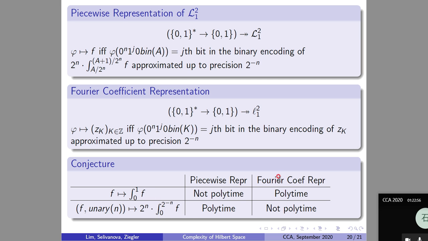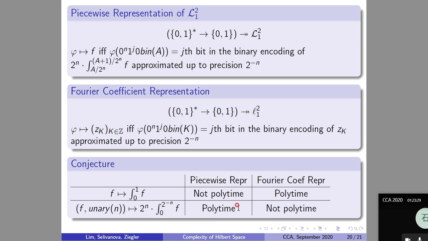Anyway, this table describes the polynomial time computability or non-polynomial time computability of these two functionals under these two representations. This functional is not polynomial time computable under this representation, but is polynomial time computable under this representation, and it works the other way around for the other functional.